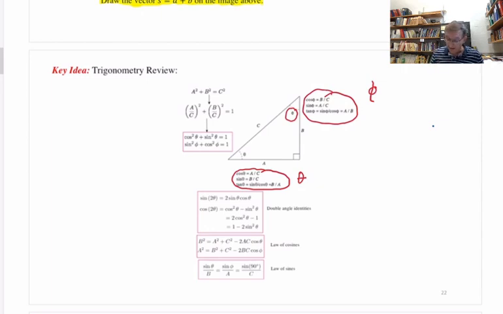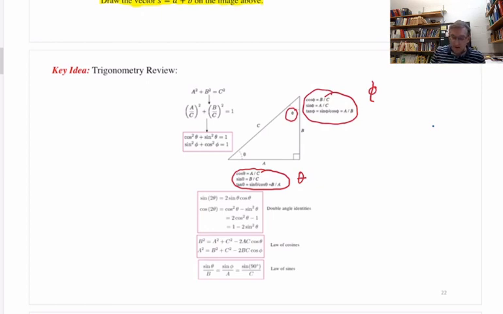But for the angle phi, opposite means the length A over hypotenuse length C. So for phi, sine phi is A over C. Tangent phi is, by definition, sine phi over cosine phi. And in this case, that turns out to be A over B. But that's the same as the length of opposite over adjacent. Okay, so we've defined sine, cosine, and tangent.